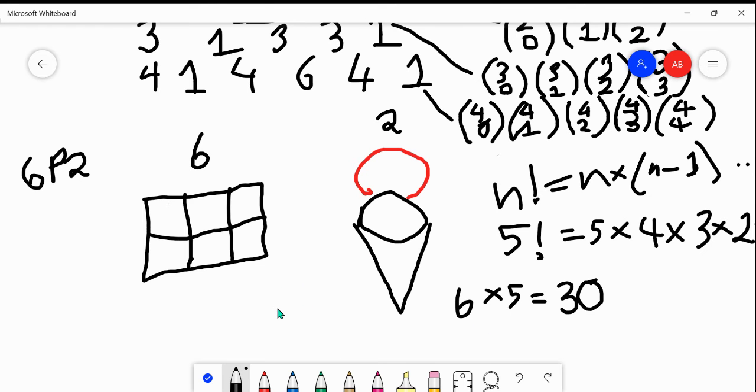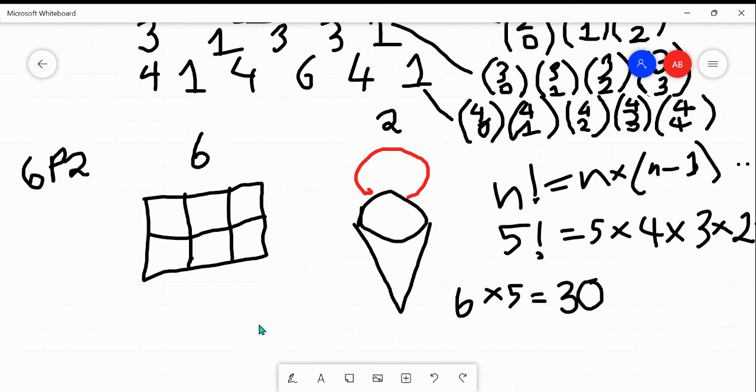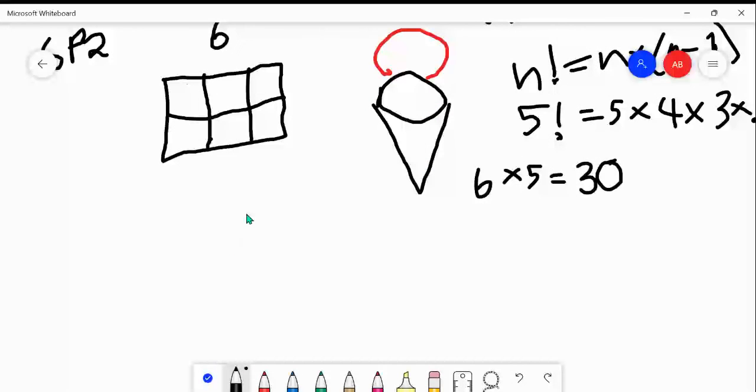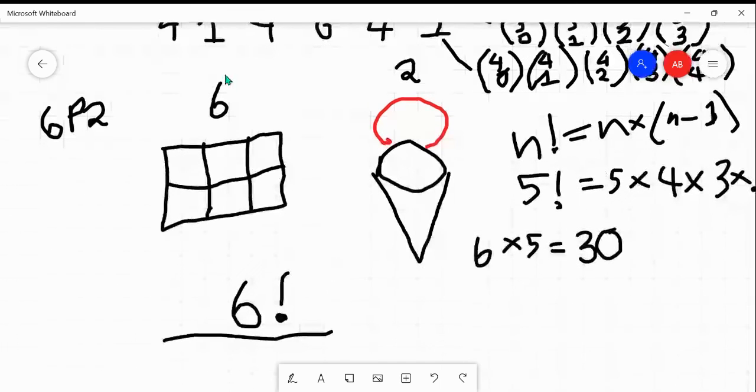So we can write here 6 factorial. However, we are deeply overshooting because there is that extra 4 into 3 into 2 into 1. However, 4 into 3 into 2 into 1 is 4 factorial. But where does the number 4 appear in our statement here? I said we have to use it in terms of 6 and 2.